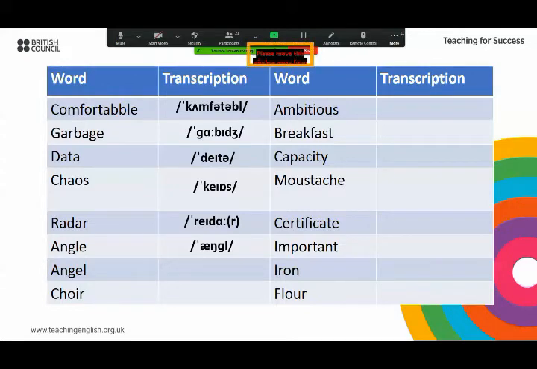Choir. Koya. We don't pronounce R. Koya. Okay. Another opinion.